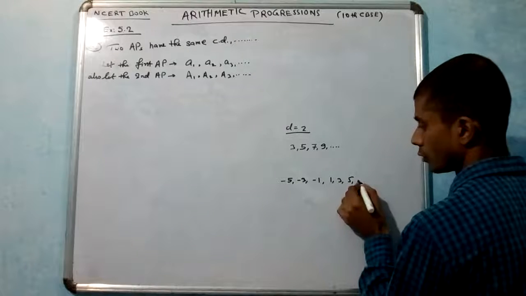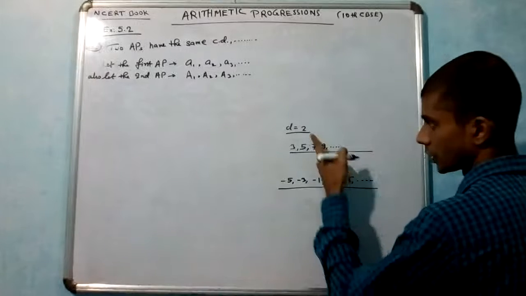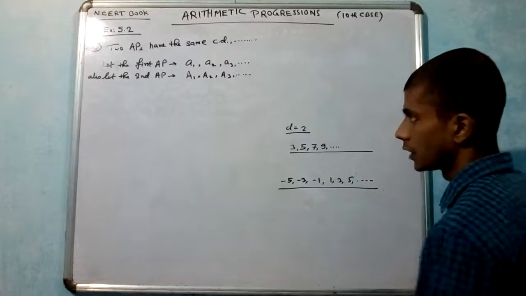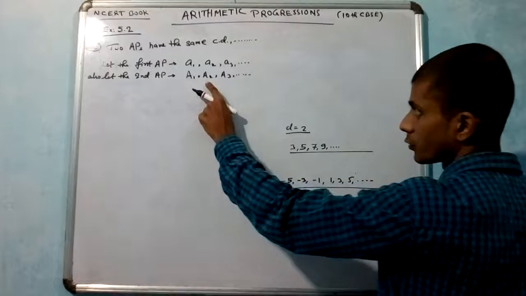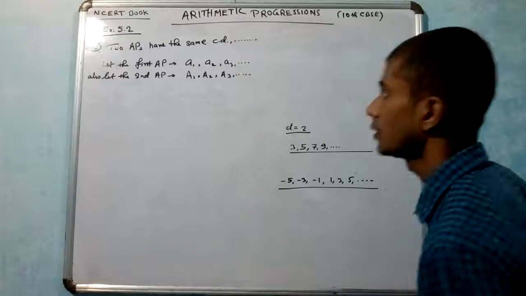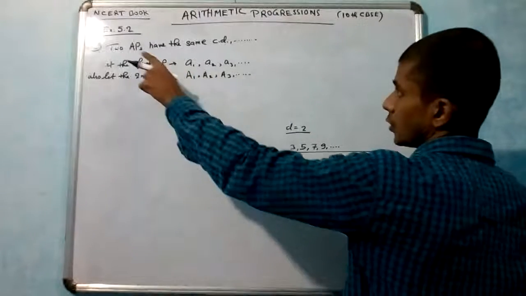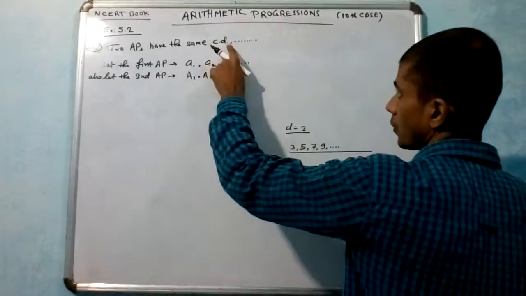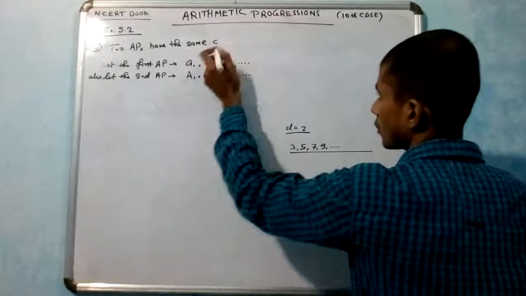Like this it will go. So we have two different APs with the same common difference, okay? Just like that we have assumed. Let this be small a1 representation and this the capital A representation. Fine, we have two different APs, but the common difference for both is the same.